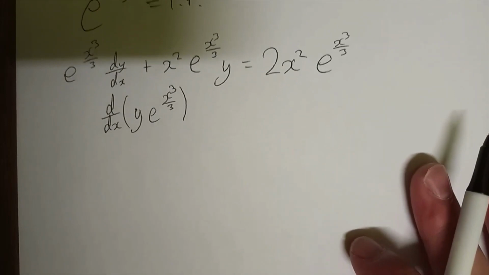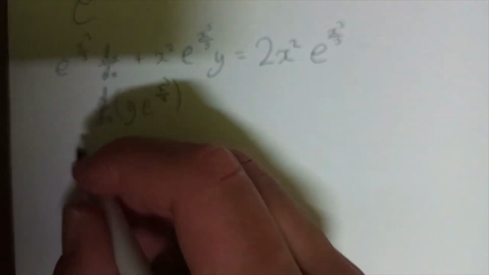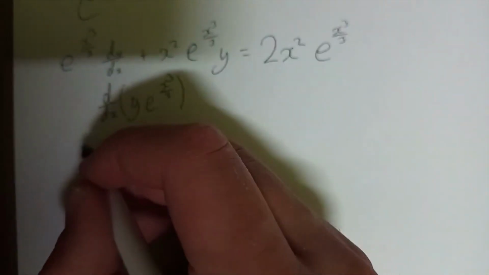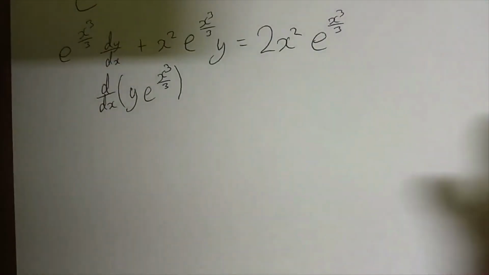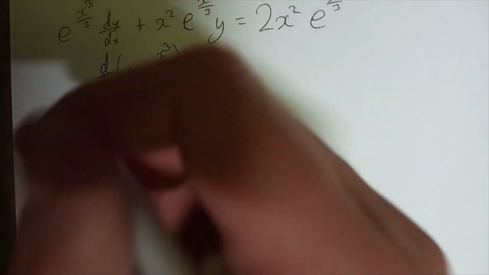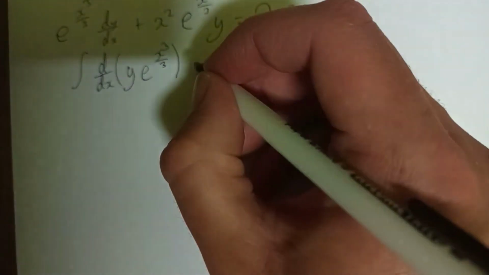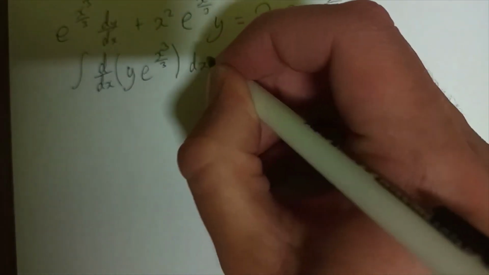Okay, so using the fundamental theorem of calculus, or rather, actually we haven't got to that fundamental theorem yet, but we'll take the integral of both sides with respect to x.